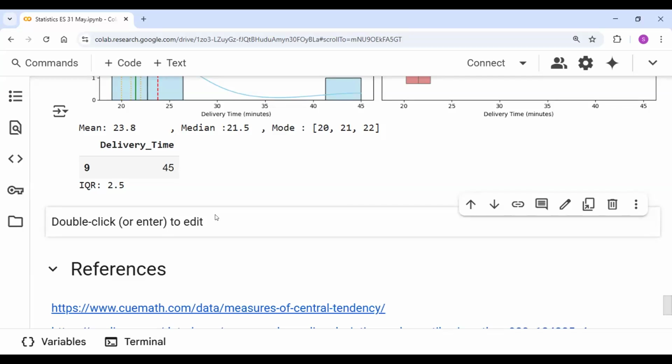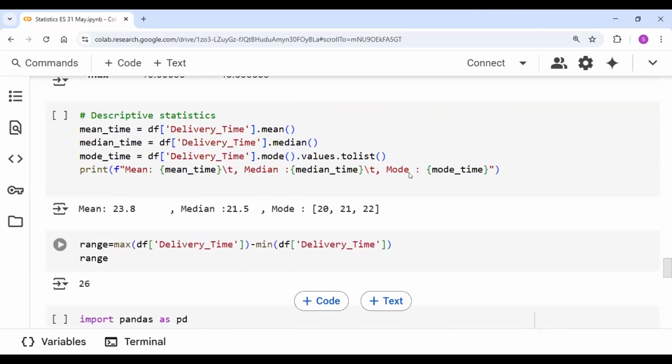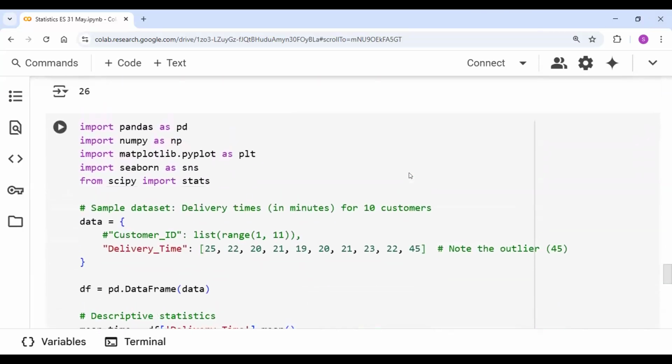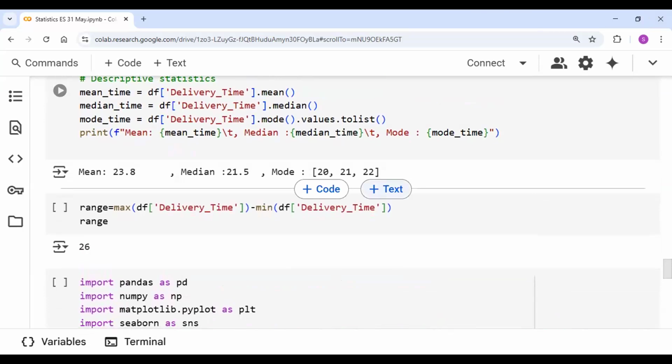I think up to this point we completed yesterday. Am I right, guys? Could you please confirm? I've taken the same file. I hope everyone can access this file at your end.